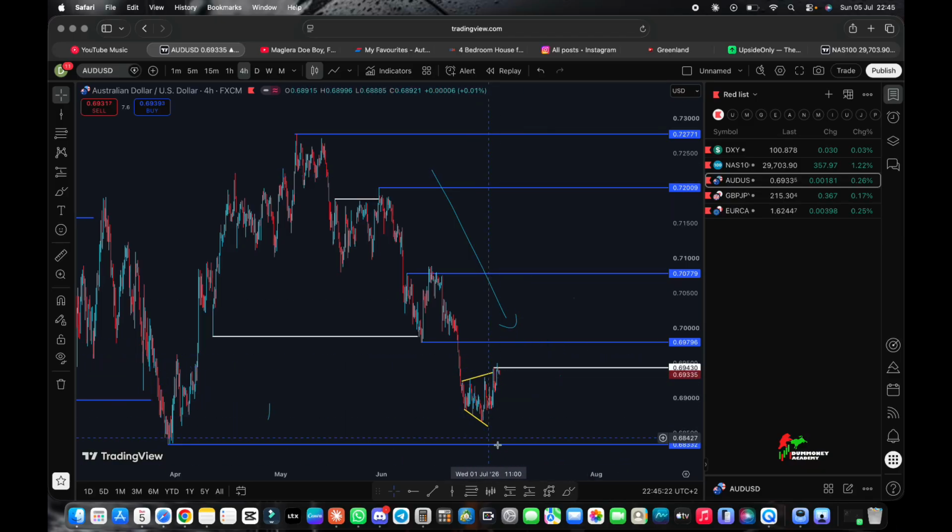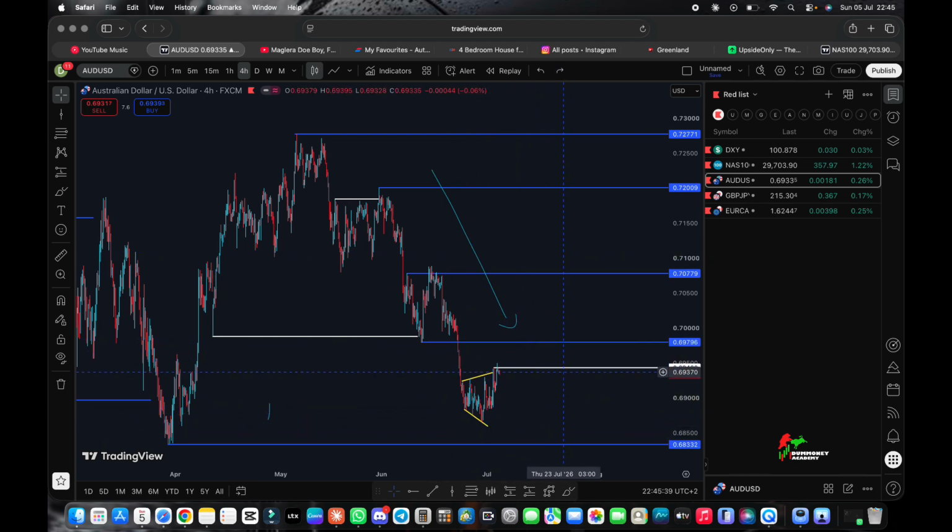But since it hasn't gotten to the levels where it's supposed to get, we are just going to continue the selling opportunity that we see presented in this chart.